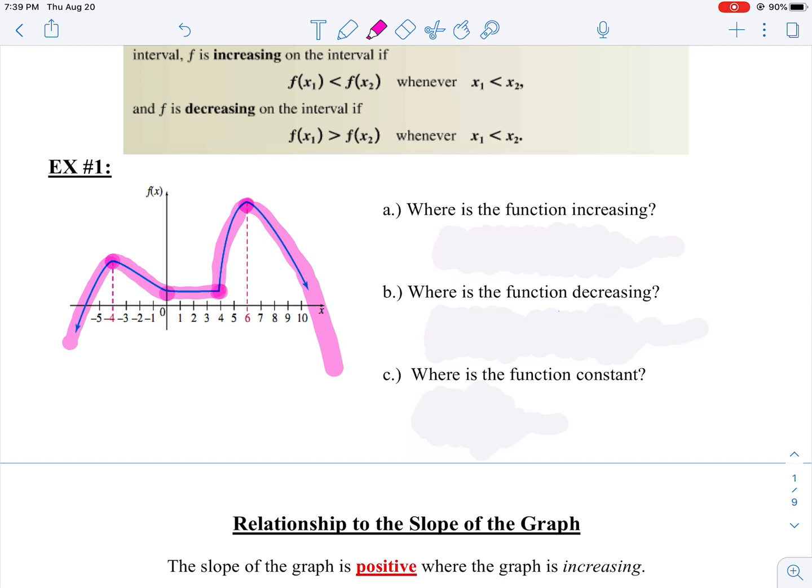So if I were to write my answers in interval notation, I was increasing from -infinity until I hit -4. Then I was increasing again on the interval from 4 to 6. Those are the only two intervals in my graph that I was going up or increasing.